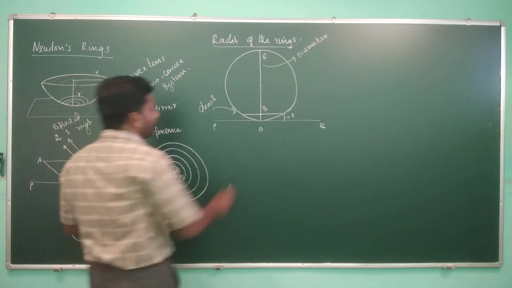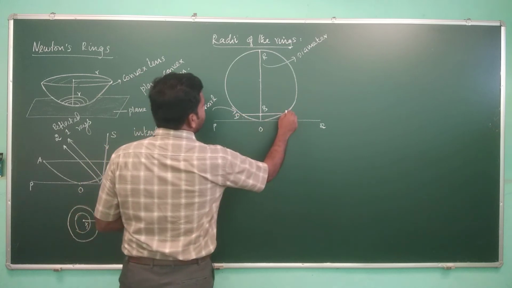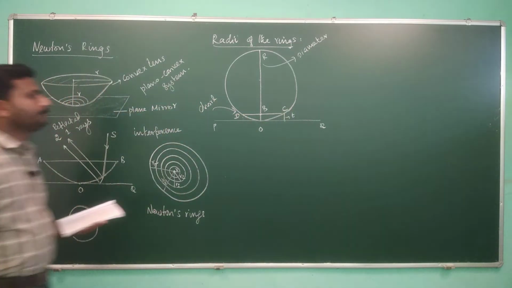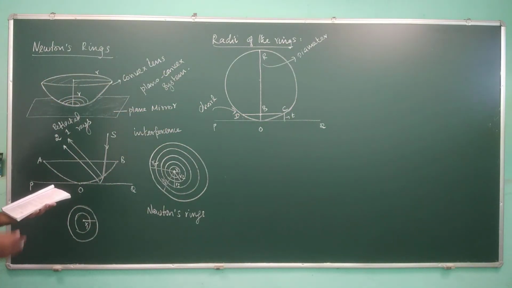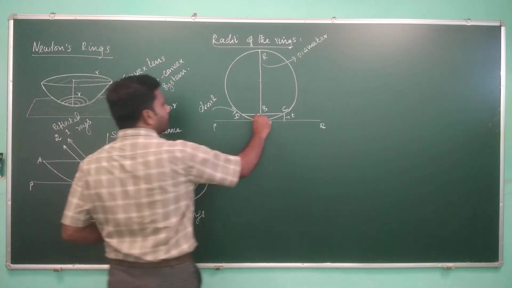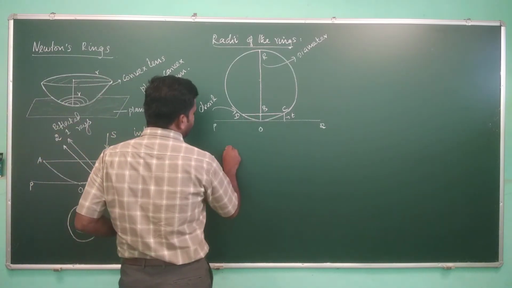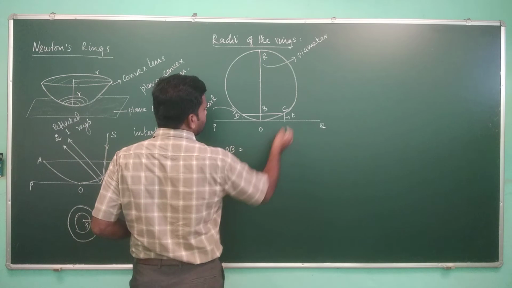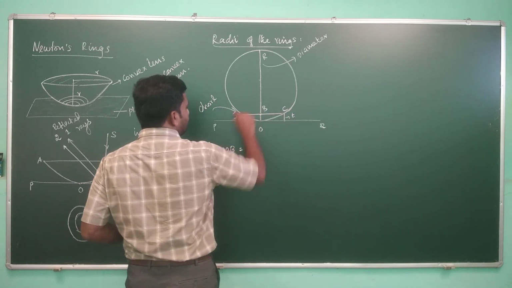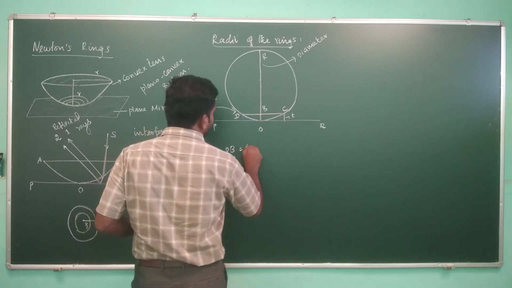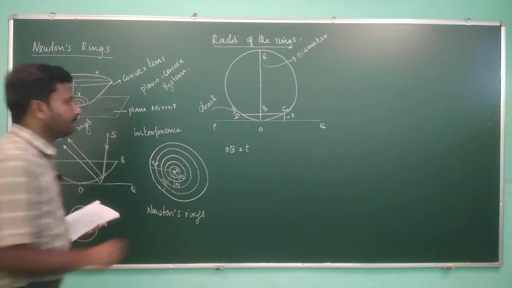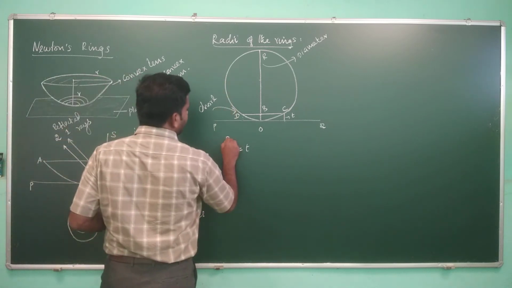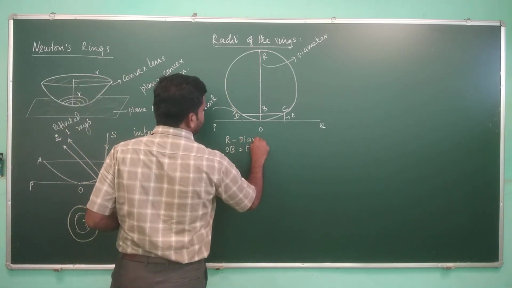Let us name this as D, this as C, for example. Now this OB is equal to this thickness, which is equal to T. And earlier we said R is the diameter of the circle.